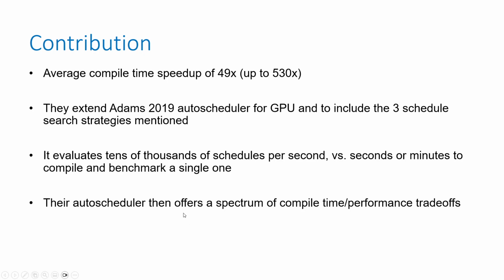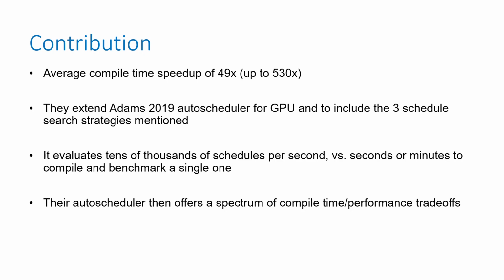Also, like Adams, it is able to offer three types of workflows. One of them is just to use the trained model without actually profiling the Halide code, I mean the profiling on the target.